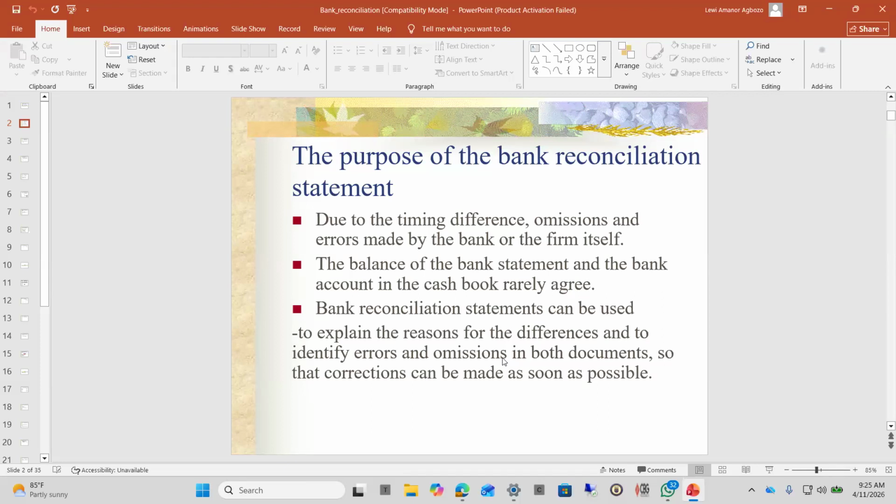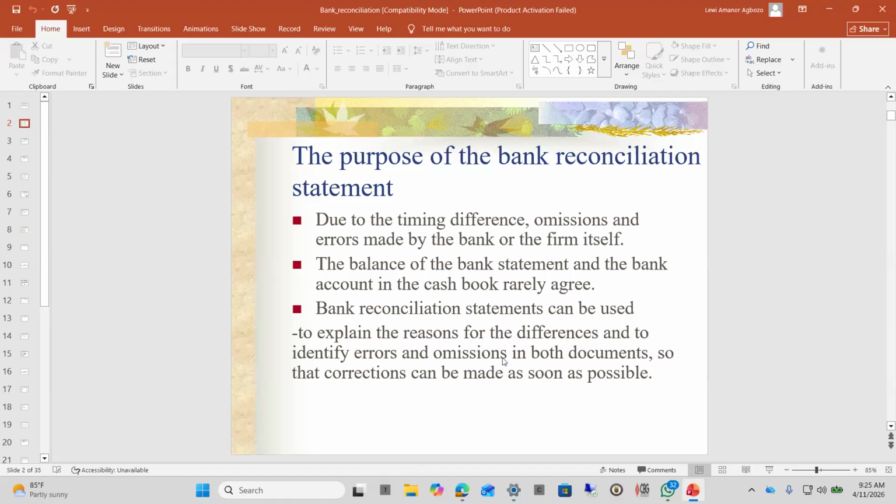The balance of the bank statement and the bank account in the cash book mostly disagrees. And the bank reconciliation statement helps it to agree.